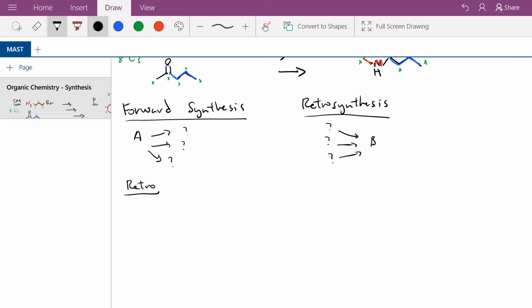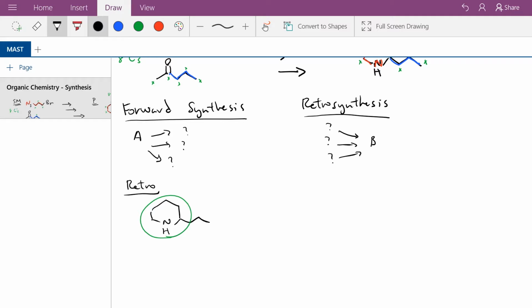Retrosynthesis. So we know we have this product here, and we ask ourselves, what could this molecule have come from? And upon first inspection, you might think to yourself that, oh, I have this ring here, I have an amine group here, so maybe it's an intramolecular SN2.